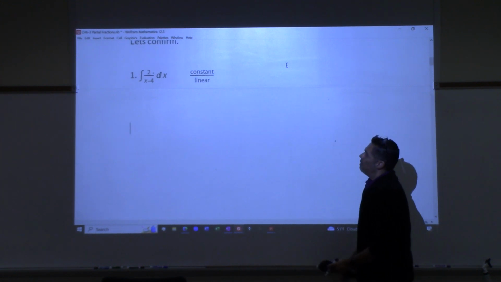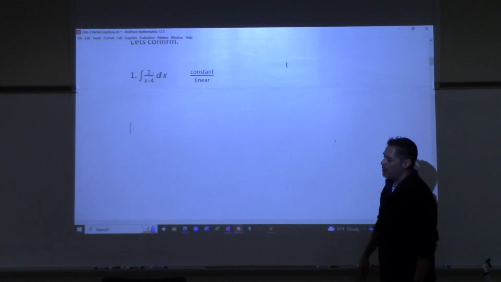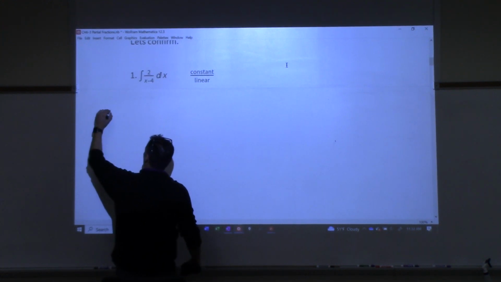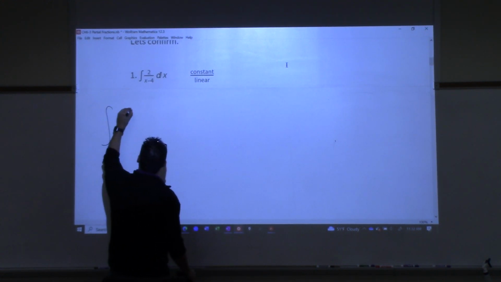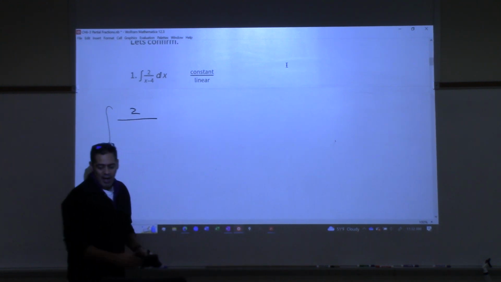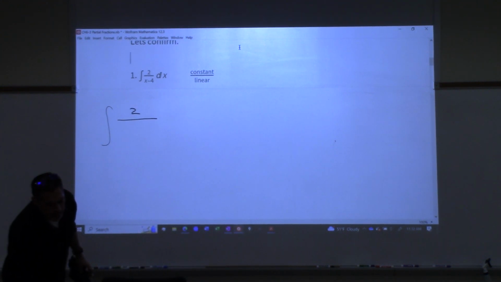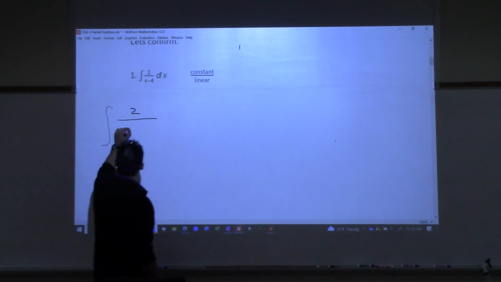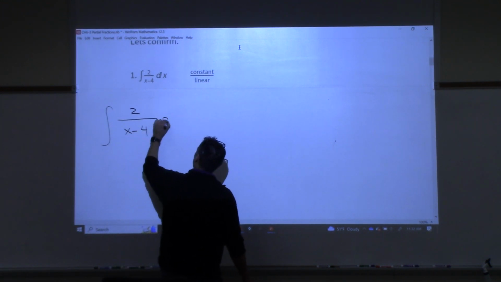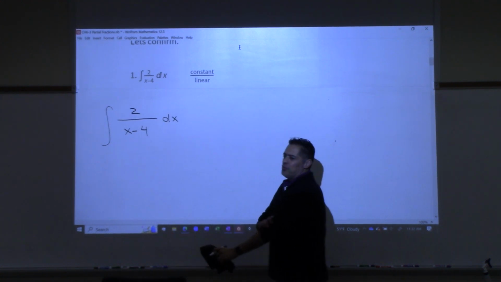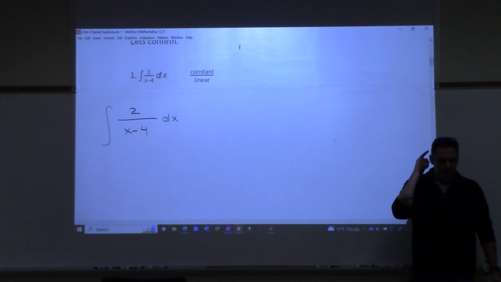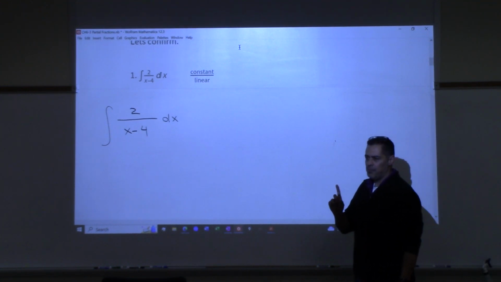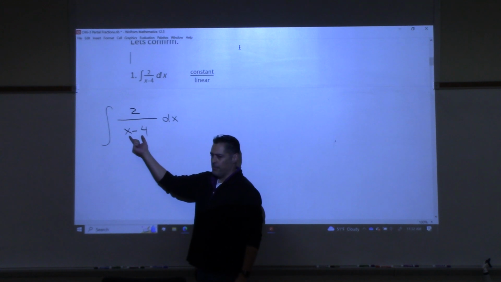All right, notice the form of this integral, 2 divided by x minus 4. What I have is an integral where the numerator is a constant, 2 is a constant, and the denominator is a linear expression in x. I don't want you to memorize what happens right now. I want you to think about what happens if I make a u substitution of the bottom.